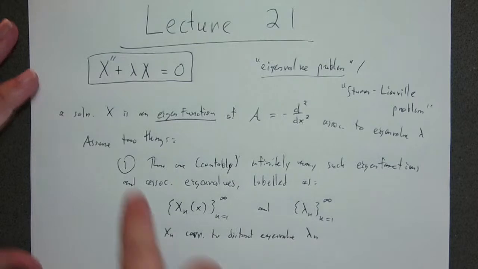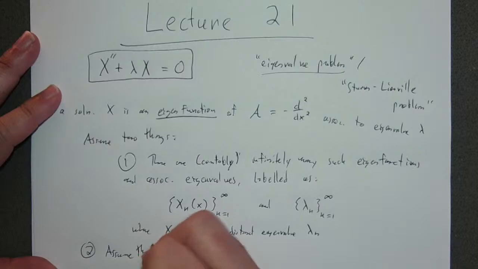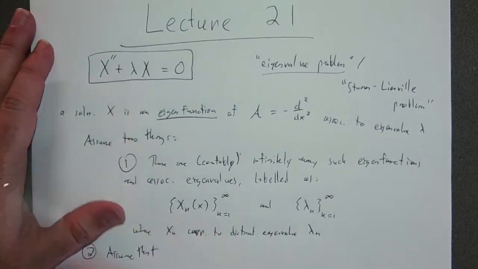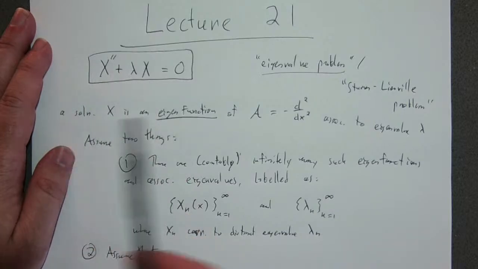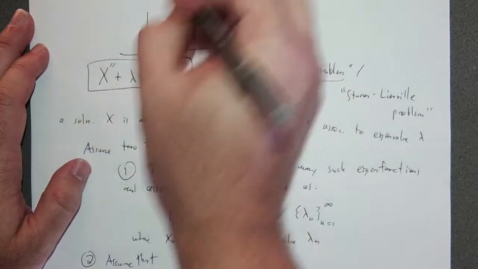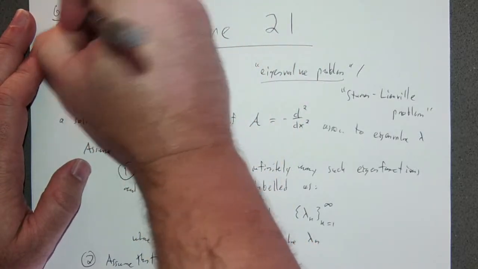The second assumption that we're making, assume that, well, we've forgotten something here. What is our purpose here? Because I'm about to spit out a function that seemingly arises out of nowhere. What was our original goal? Why are we finding these eigenfunctions?